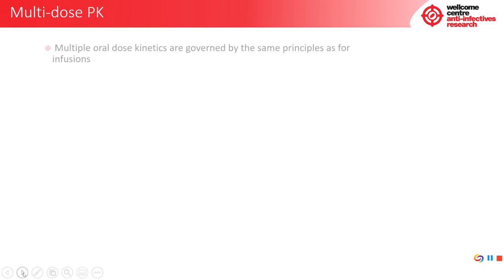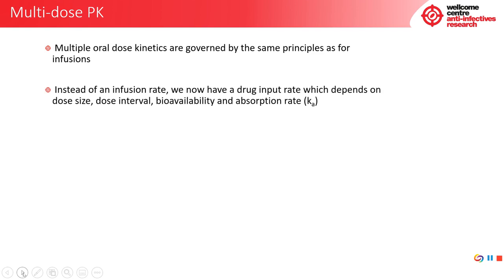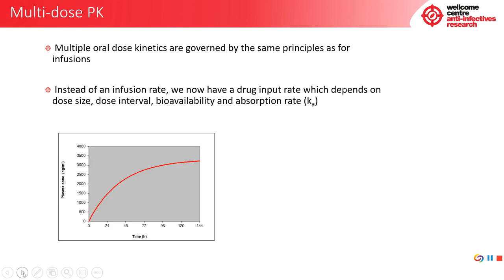Multidose PK for the oral route. Multidose PK for the oral route are governed by the same principle as for infusions. Instead of infusion rate, we now have a drug input rate, which depends on the dose size, the dose interval, bioavailability, and absorption rate Ka.